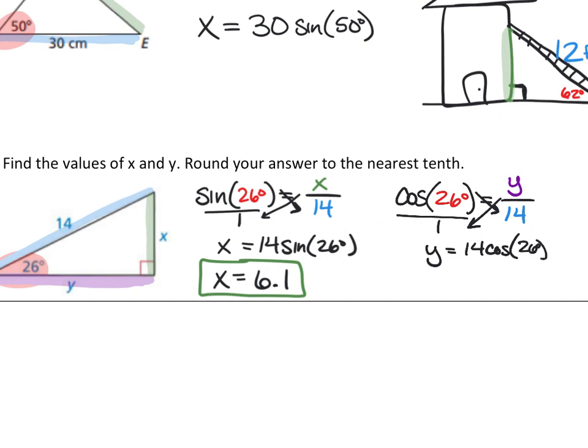When you do this problem, the thing you should type in your calculator is 14 cosine of 26 degrees. Again, you don't have to put the degree symbol because we're in degree mode. What did you guys get? 12.6. I agree. That is my adjacent side, so that is y.